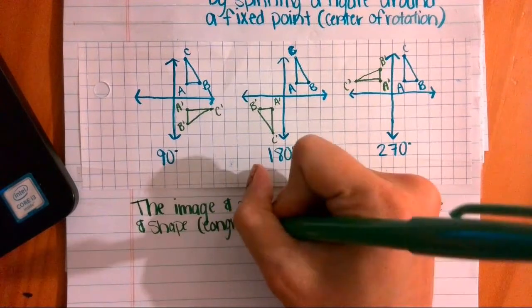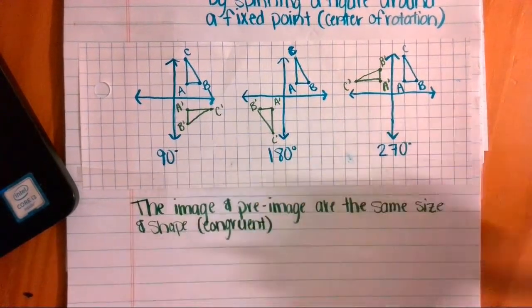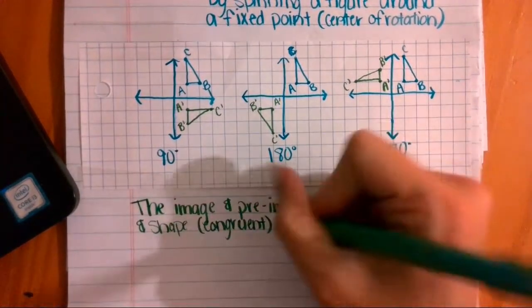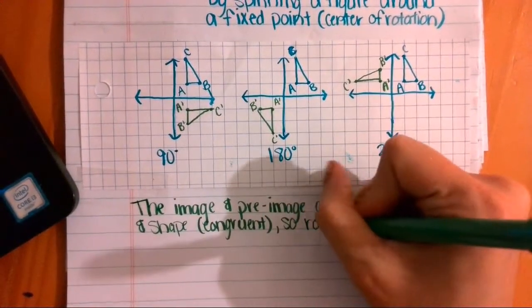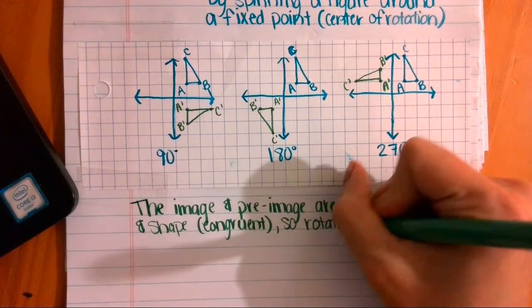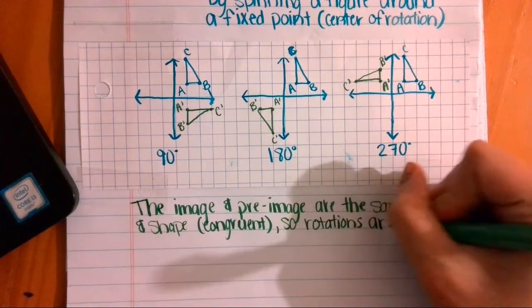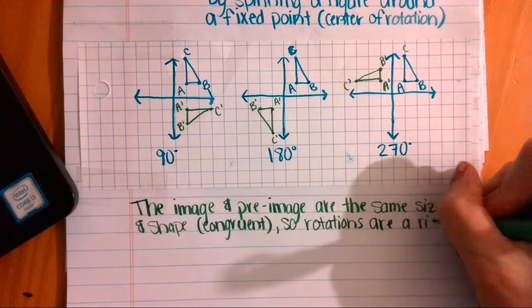Since they are congruent, or they are the same size and shape, that tells us that rotations are a rigid transformation.